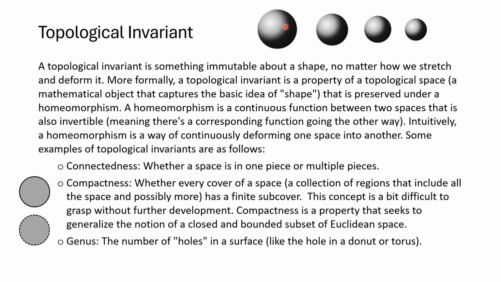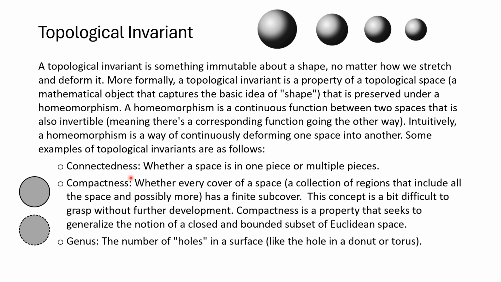So the transformation would be just compression, basically, and you would go from here to here, and then you can do another scaling and get this smaller sphere and then this smaller sphere. So these are all topologically equivalent, and there's a fairly simple mapping that would get you from one sphere to the other, and vice versa. That's the comment here about invertible. So some of the examples of invariance we have listed here.